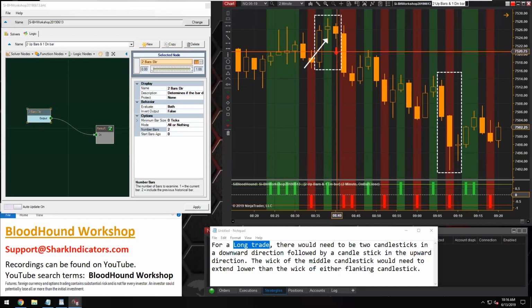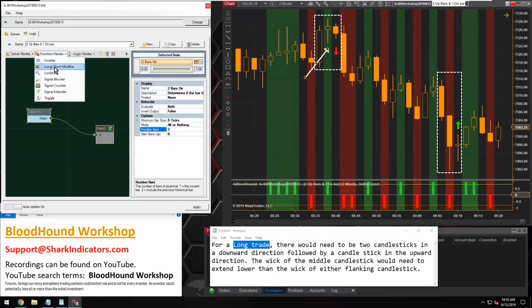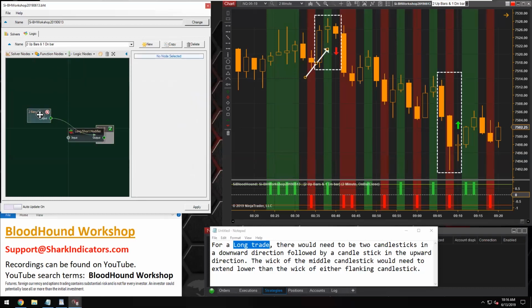So, right, ultimately we want a short signal on there, and we're going to want this to be a long signal over here. So these 2 up bars, we're going to need to reverse this long output into a short output. So let's grab a long short modifier.